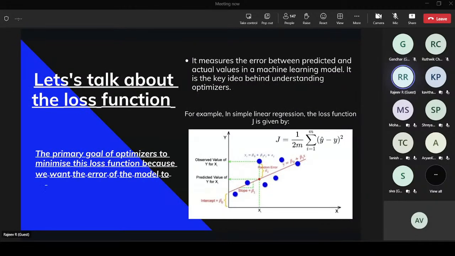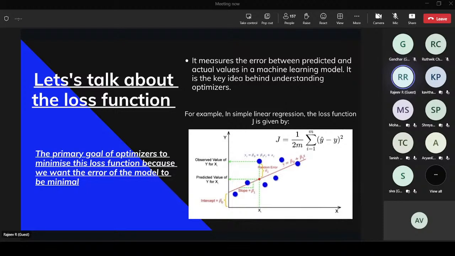The first thing that comes to mind about optimizers is something called the loss function. Although this has been covered in previous lessons, I will be giving a general recap of the loss function. The loss function is a quantitative representation of the error in your model. So what do I mean by error in your model? AI tries to predict a quantitative representation of the output for a particular sample.